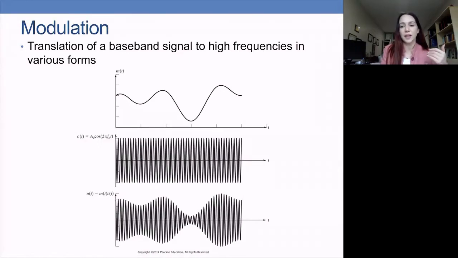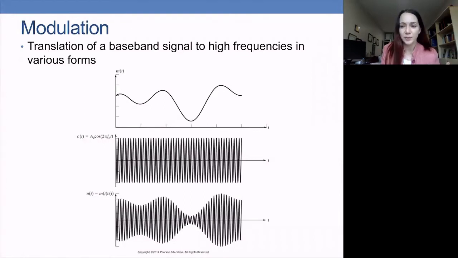In modulation in the sense we understand in communications. Of course, there's modulation in other areas, such as in music. You take a signal, you embed it into another signal to change the properties, to create a different sound, for example.